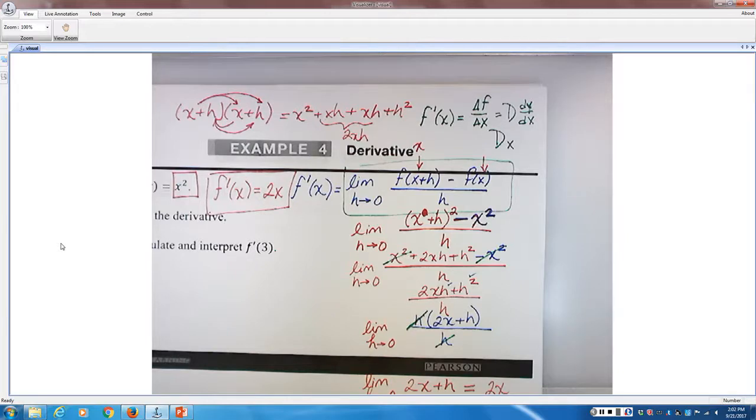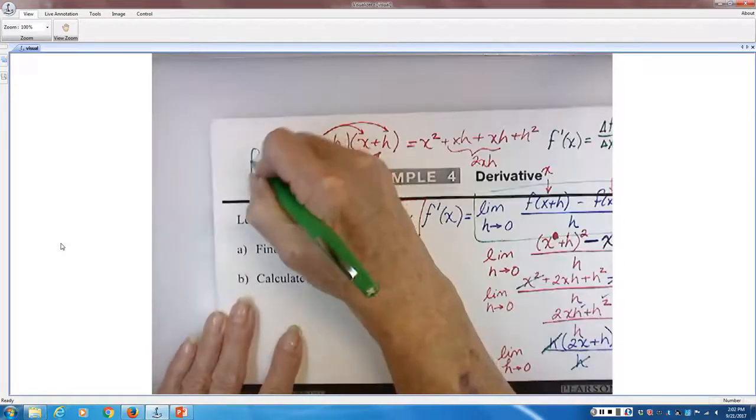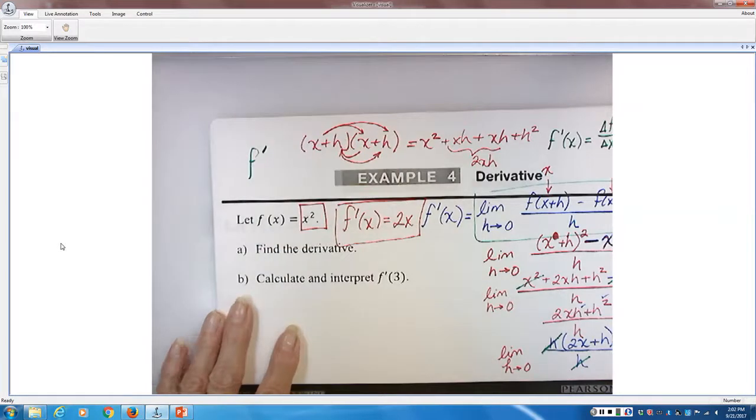But then because it's a derivative, you're taking the limit as the denominator shrinks to 0. In other words, as the 2 points get closer and closer together until they're on top of each other. Okay? So f prime is just notation. It's not a 1. It's actually a little slant mark like that. It's a little accent mark.